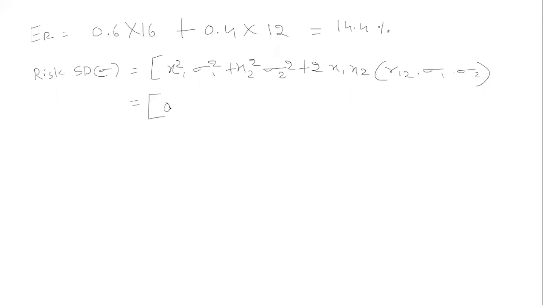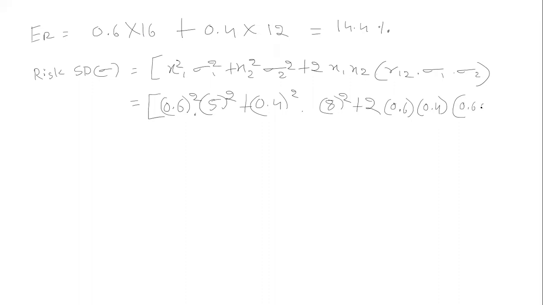So we know the weight, that is 0.6 square into standard deviation square, and the standard deviation is 5 square, plus 0.4 square into standard deviation 8 square, plus 2 into 0.6 into 0.4 into the coefficient of correlation that is given in the problem, that is 0.60, into standard deviation 1, which is 5, into standard deviation B, that is 2, which is 8.